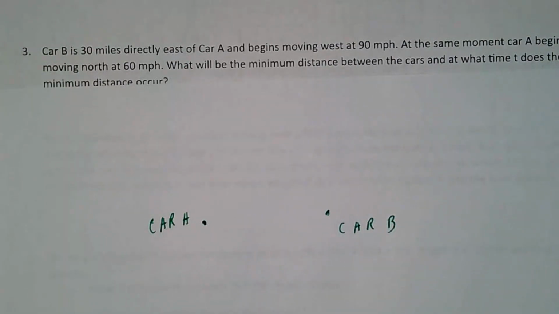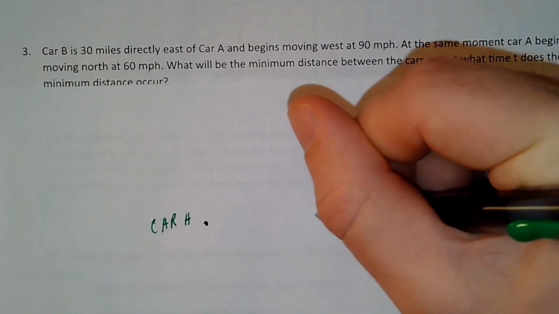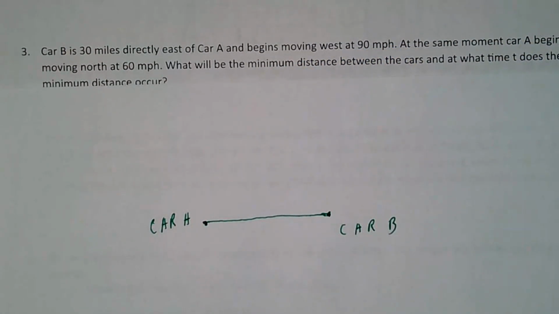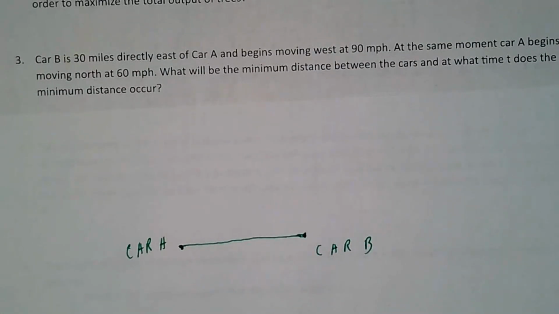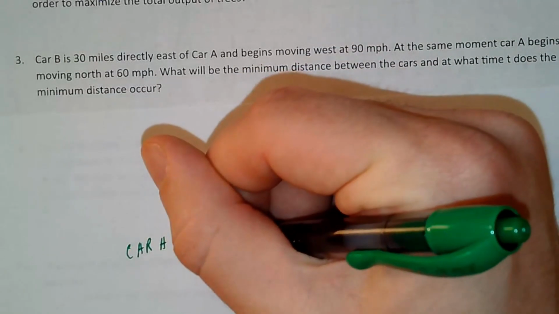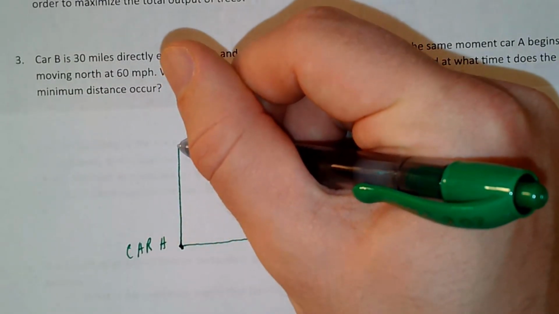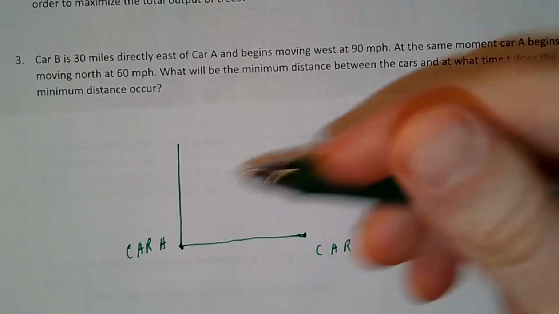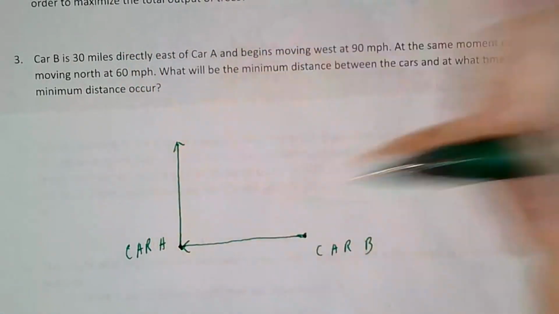And car B is moving west, right? And car A is moving north, like this. And as these are moving, I'll draw an arrow to show that. It's an arrow here, an arrow here.